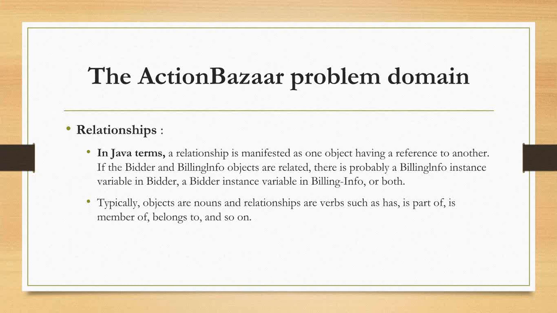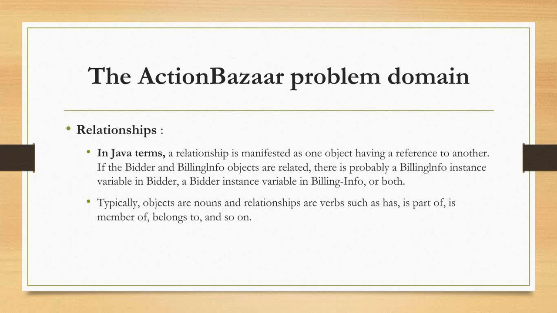To describe the association between two objects, you'll have the reference of one object in another object here. Always using references, we represent associations.